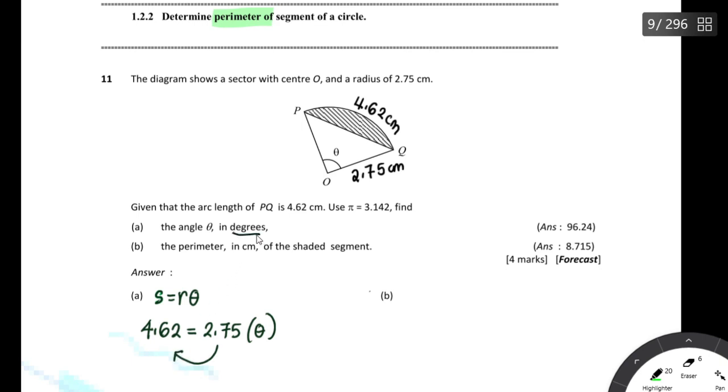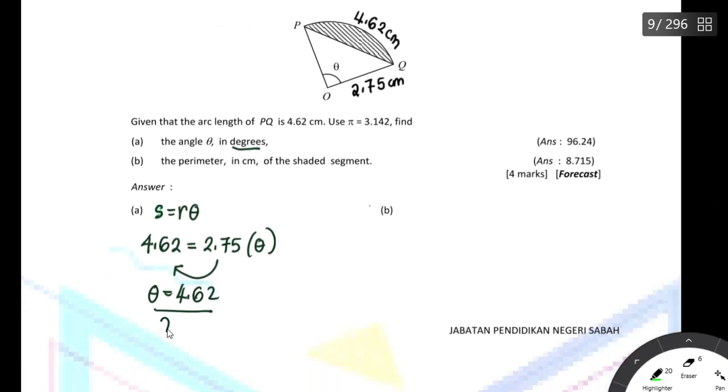Remember, you need to find your theta in degrees. So theta is 4.62 over 2.75. So let's divide 4.62 by 2.75. We get 1.68 radian.